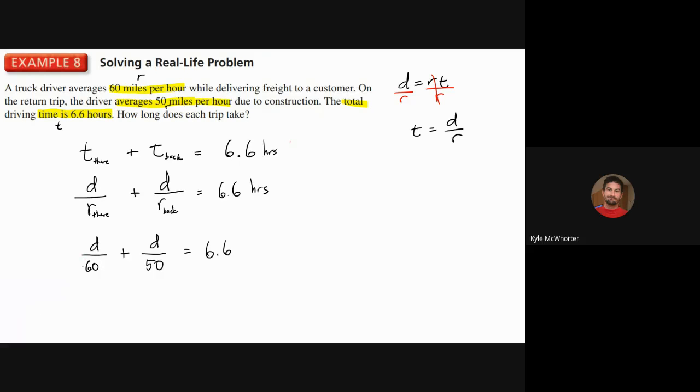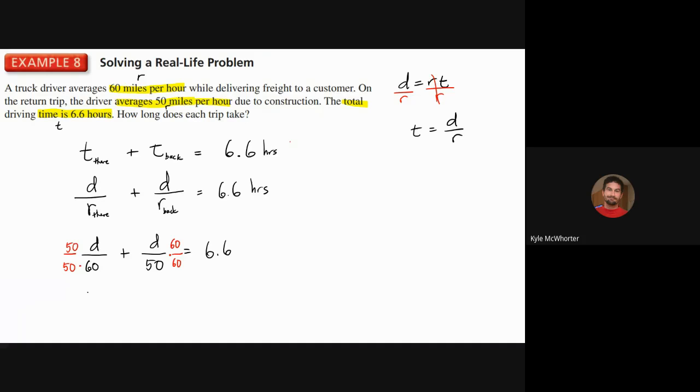So what would we need to multiply 60 by to get 300? 5 times 6 is 30. So we multiply the first fraction by 50 over 50, and the second fraction by 60 over 60, and that'll give us two fractions with 300 as the denominator. We can do this because we're just multiplying by 1, and it doesn't change the value.